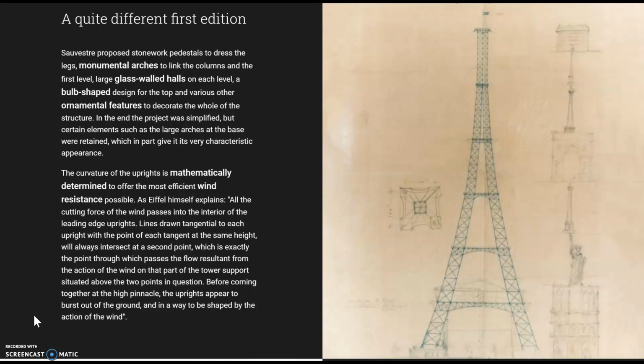So when we're thinking about the way that something is designed, the process that's gone through to make it, what we want to see is a fit for purpose match. So using wrought iron girders, which will allow a lot of air to pass through, will reduce the resistance of the wind and make it stronger.